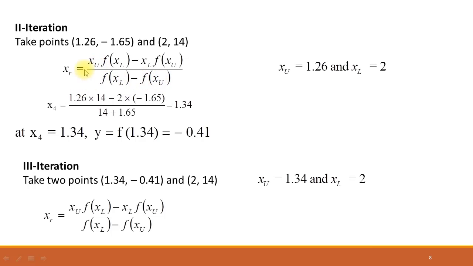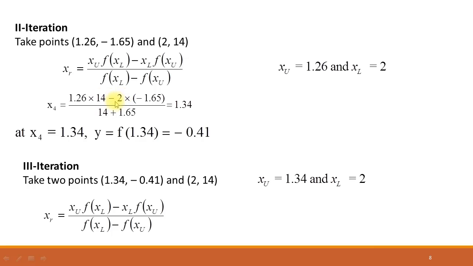The xu value is 1.26 multiplied by the function value at xl, which is 14, minus the xl value multiplied by the function value at xu, which is minus 1.65, divided by the value of the function at xl, 14, minus the value of the function at xu, minus 1.65, so minus minus plus.